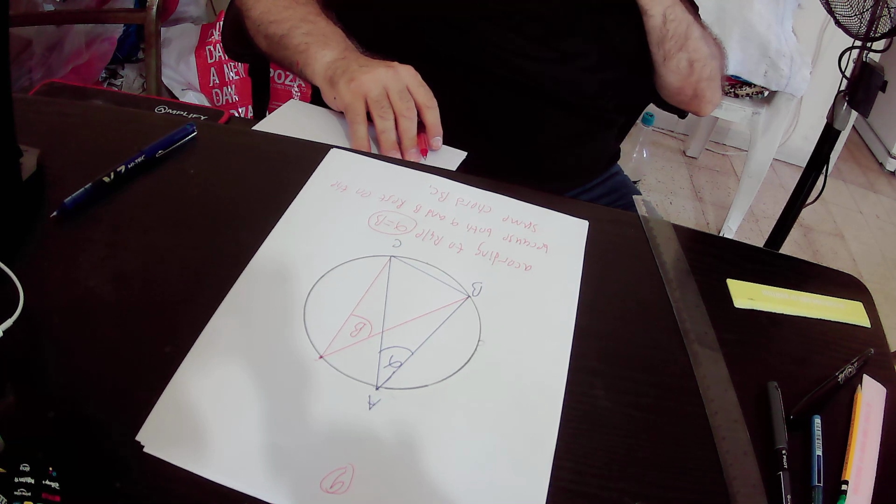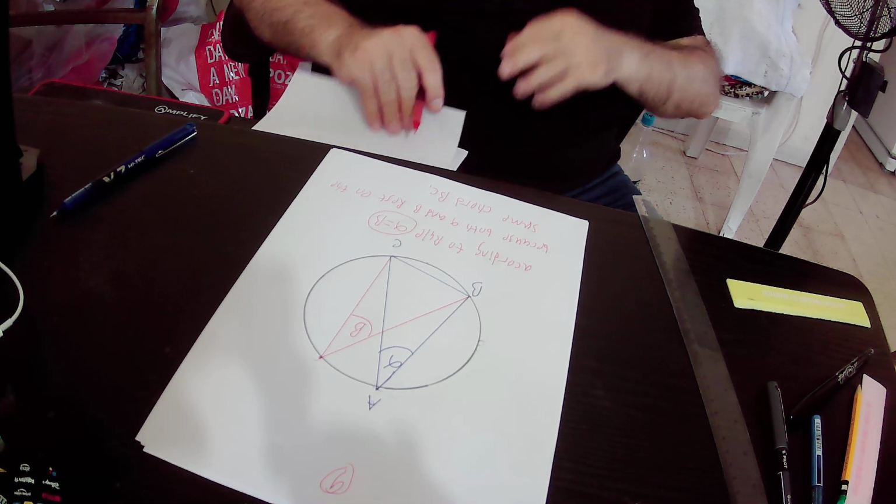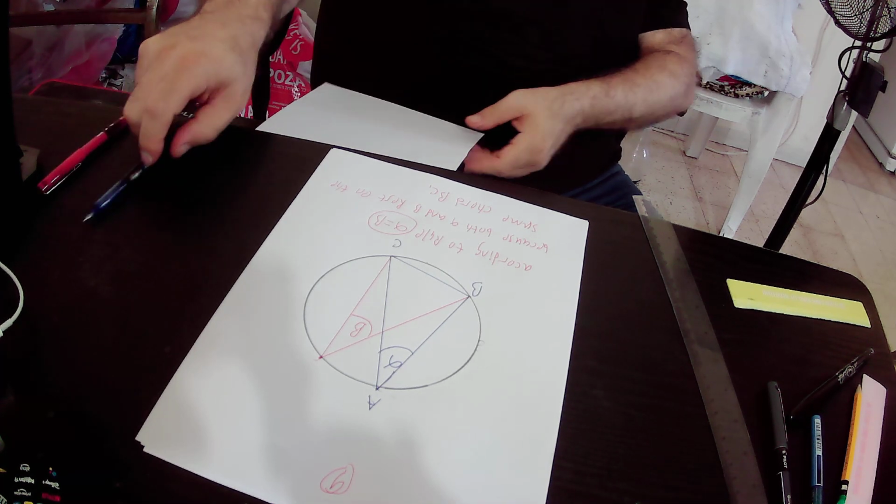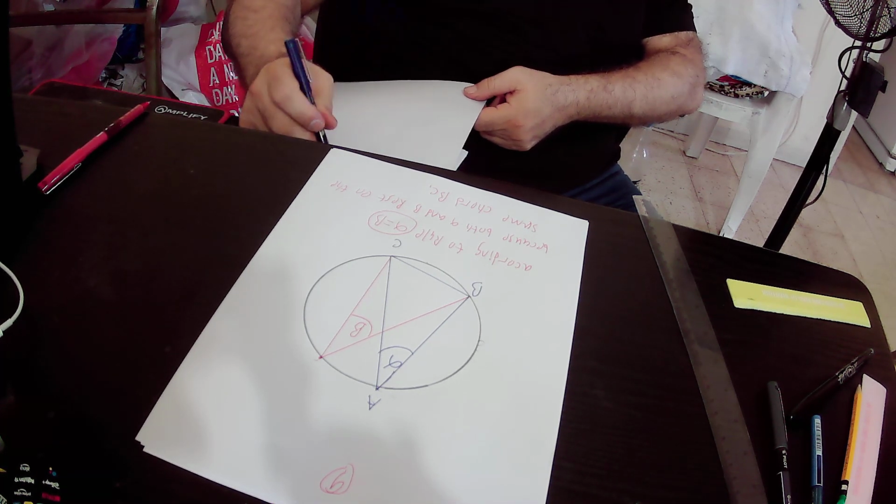Okay, so that is the example of rule number 2. Now we can implement rule number 2 in our circle.